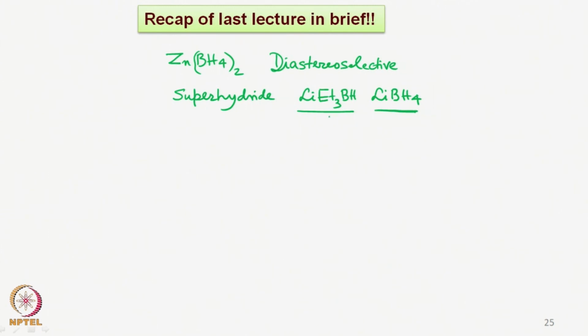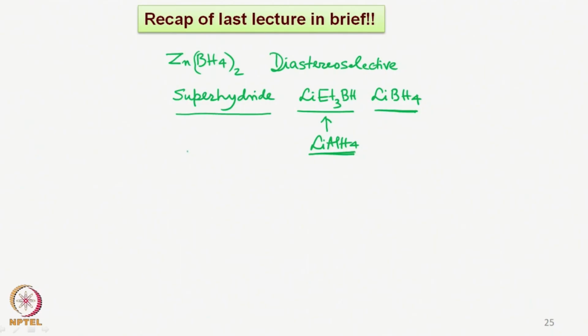Since the electron releasing nature of the ethyl group makes this a stronger reducing agent, it is called a superhydride because it is much stronger than lithium borohydride. And then we also saw how it can be compared with lithium aluminum hydride, where the reactivity was quite different from lithium triethyl borohydride.